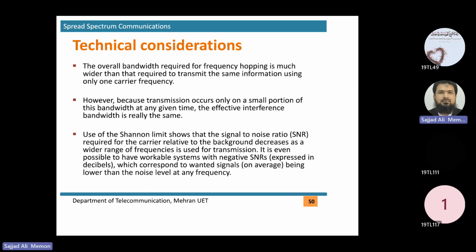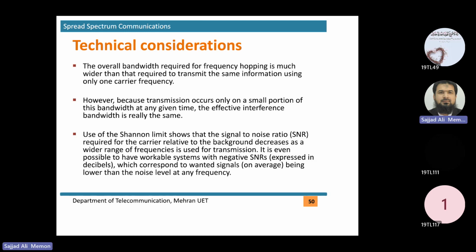Technical considerations: the overall bandwidth required for frequency hopping is much wider than that required to transmit the same information using only one carrier frequency. So, very true, there is a lot of wastage of frequency in this. However, because transmission occurs only on a small portion of this bandwidth at any given time, the effective interference bandwidth is really the same.